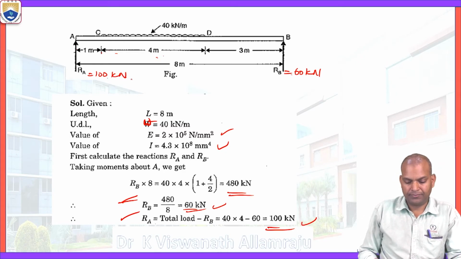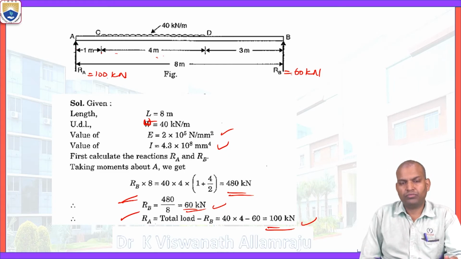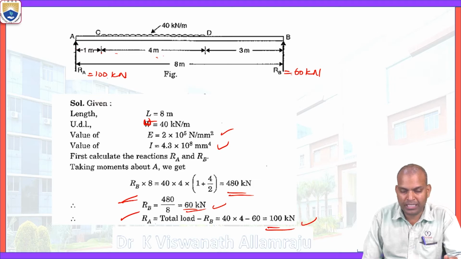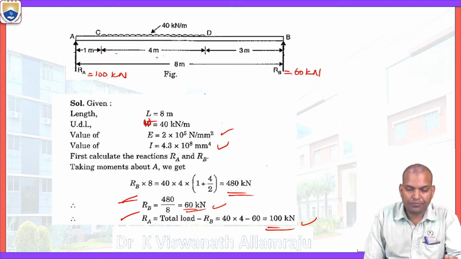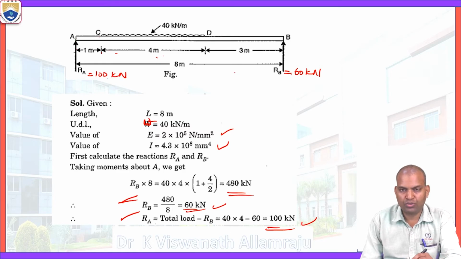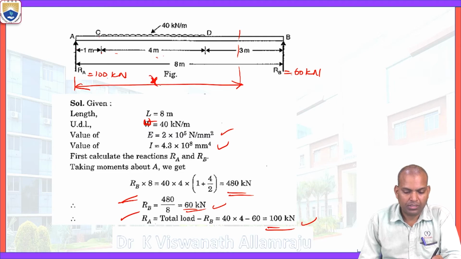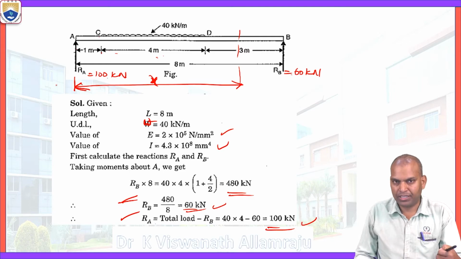After calculating these, we have to write down the bending moment equation from the left support, in such a way that it includes all parts and variations, I mean A to C, C to D and also D to B. So consider the distance x from the left support and write down the bending moment equation.